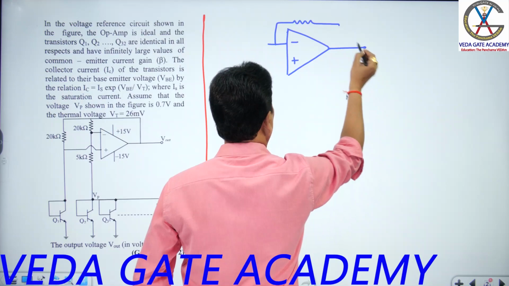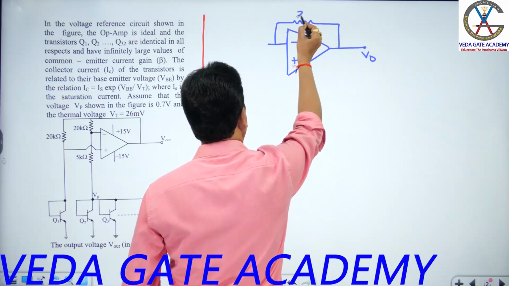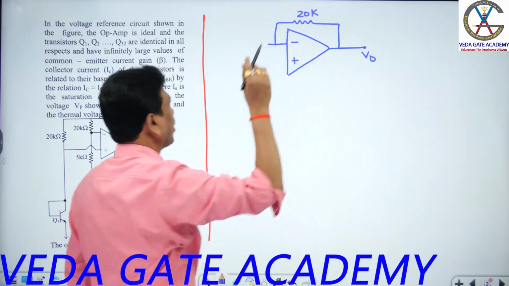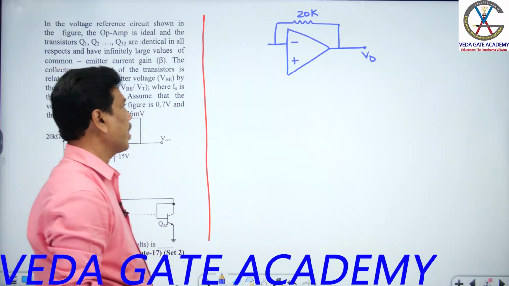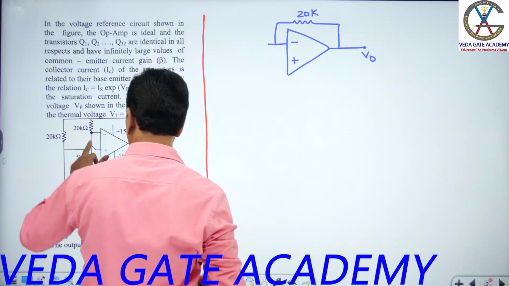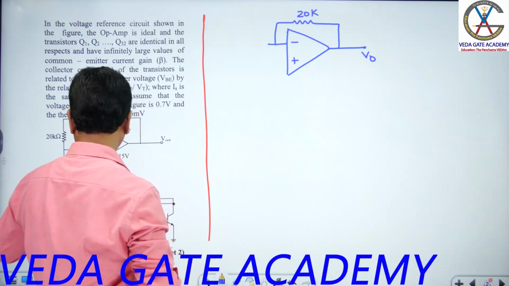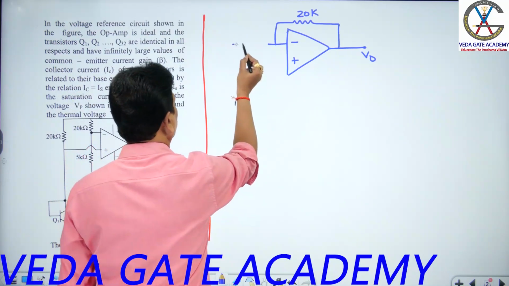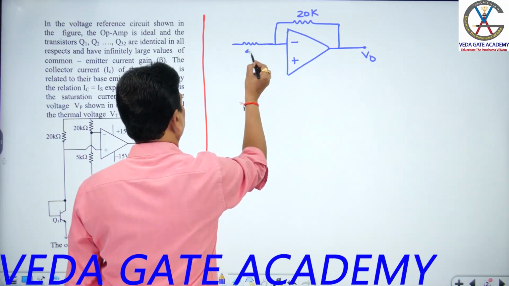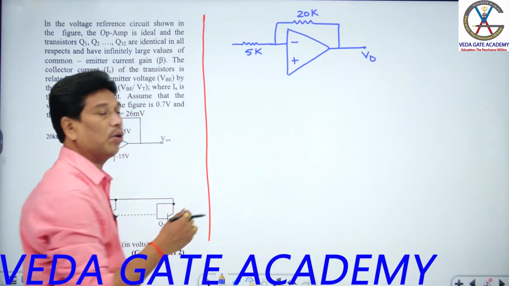This is V out, and this is the 20K. Next, there is a 5 kilo ohm resistor here, students.